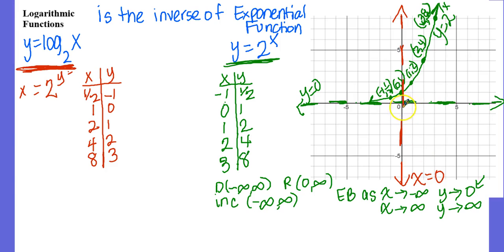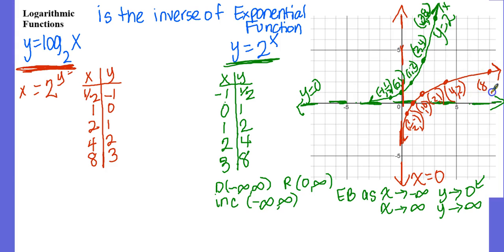Now let's graph. Half, down 1, 1, 0, 2, 1, 4, 2, and 8, 3. And we'll graph that. And this is like art. Please label those points. So half, negative 1, 1, 0, 2, 1, 4, 2.